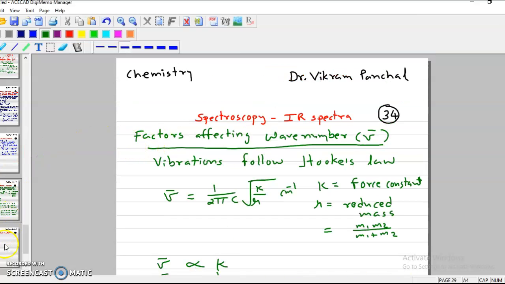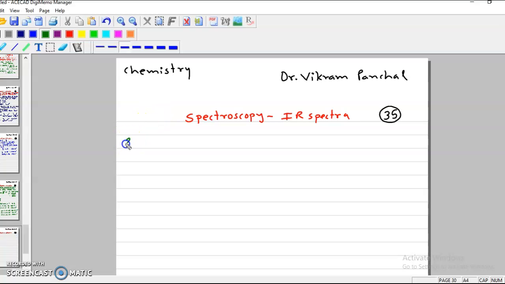Now the second one, influence of force constant according to Hooke's law. Look, force constant is related to bond strength.